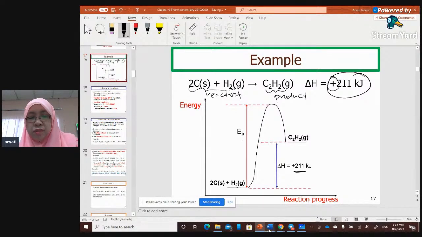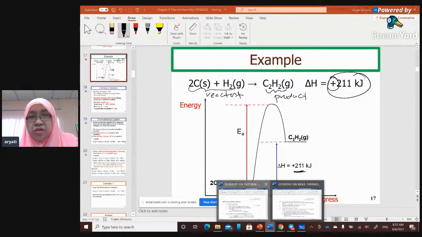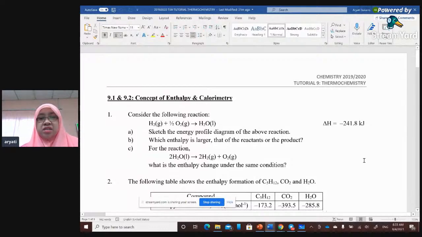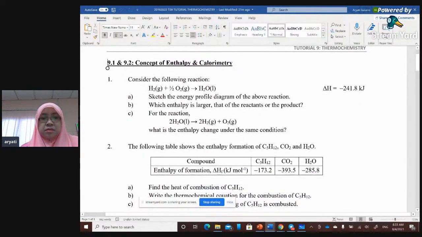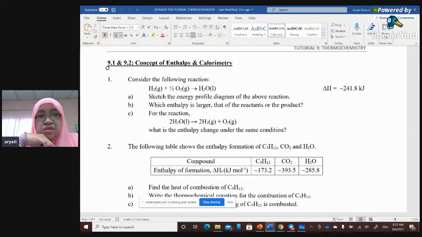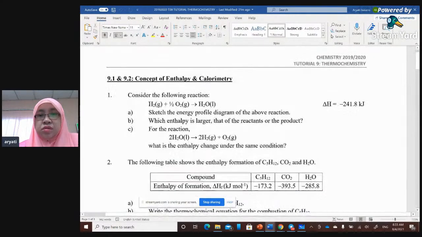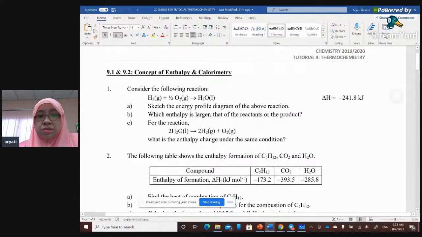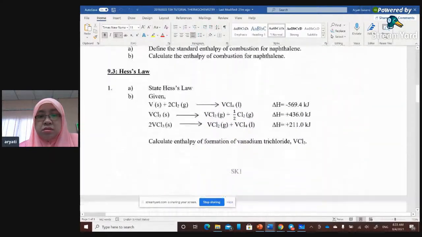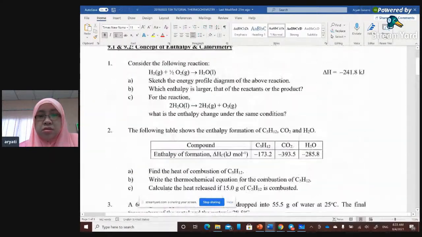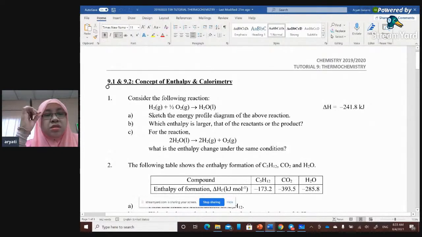Okay, so we will do some tutorial question related with what we have learned just now. So please refer your tutorial question on page SK1, question number 1.